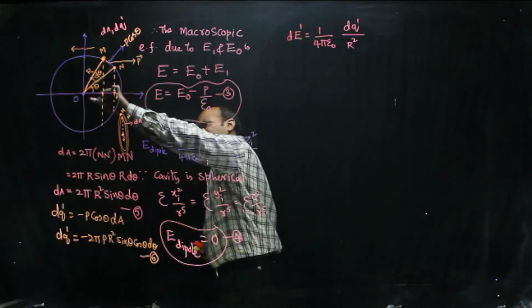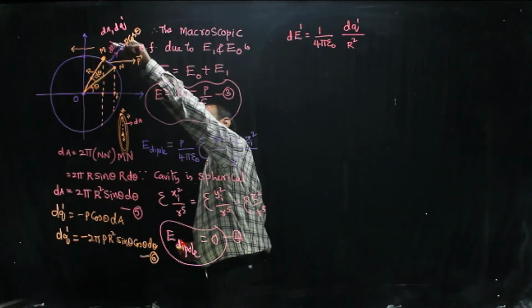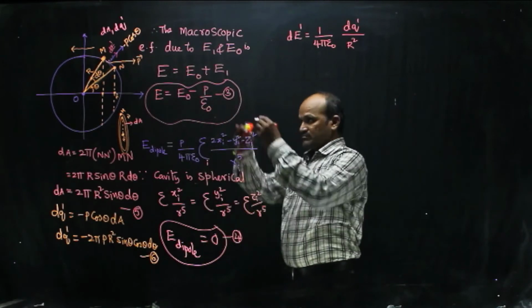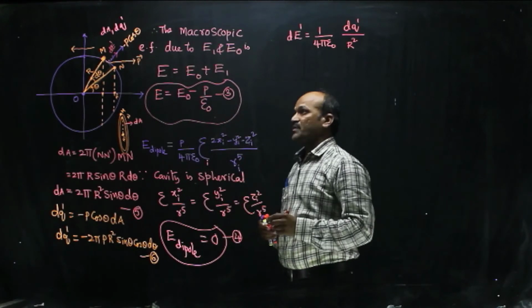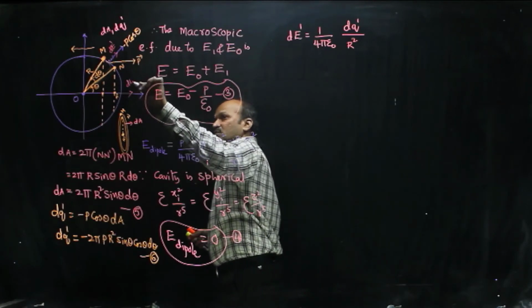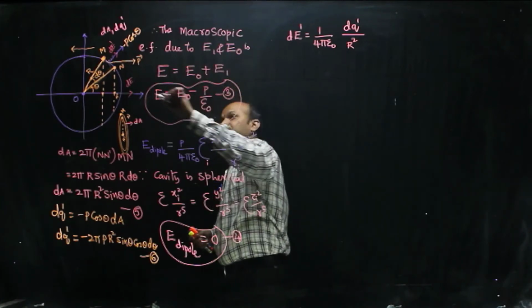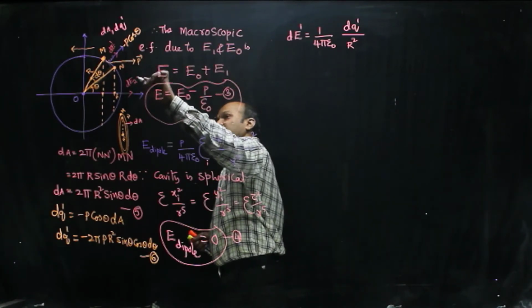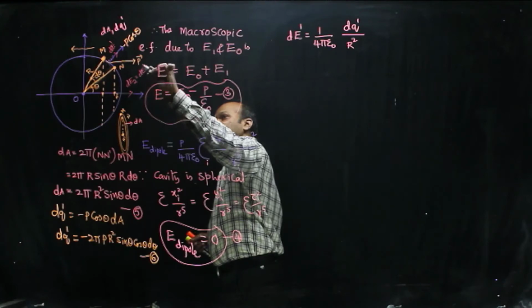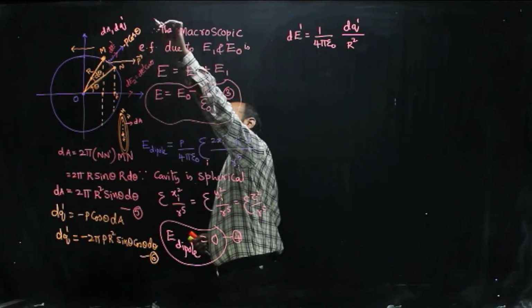So this electric field is also directed along the normal drawn at that small strip, but we need the electric field in this direction. So whatever dE2 we are calculating is equal to dE dash cos theta, because dE dash is directed along the normal drawn.